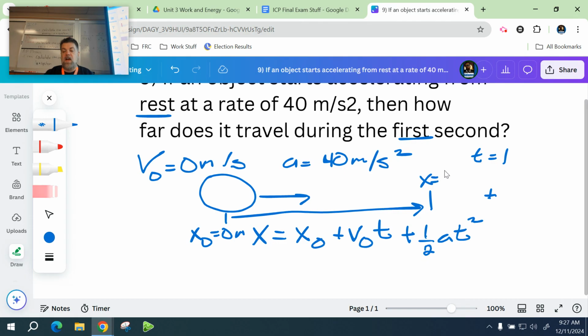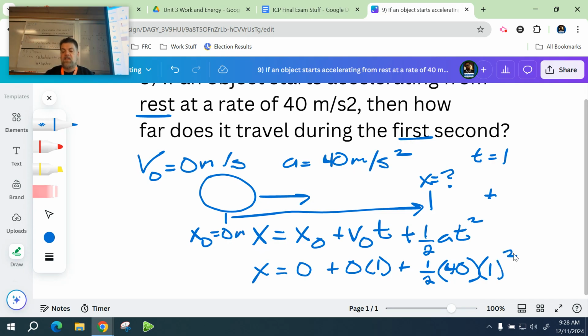And what we're trying to figure out is how far it goes in 1 second. So x, which is what we're looking for, is equal to 0, because x naught is 0 meters, plus 0 times 1, plus 1/2 times the acceleration, 40 meters per second squared, times the time squared, which is 1 second squared.